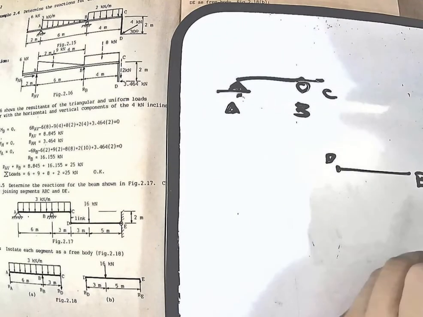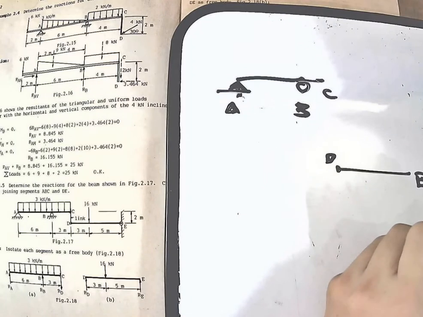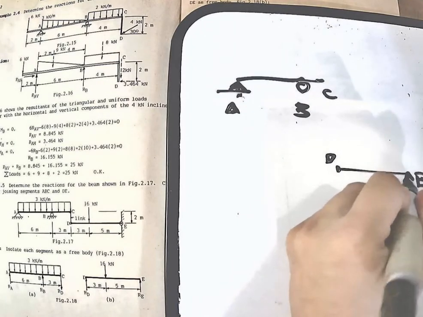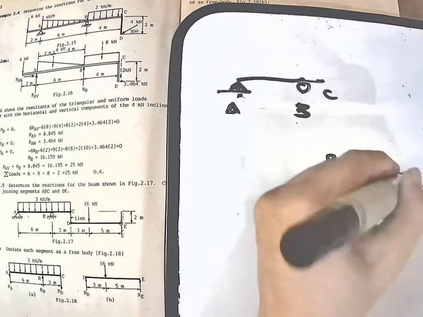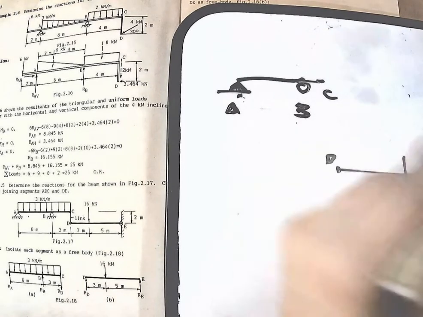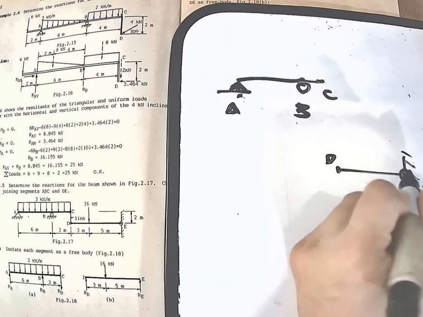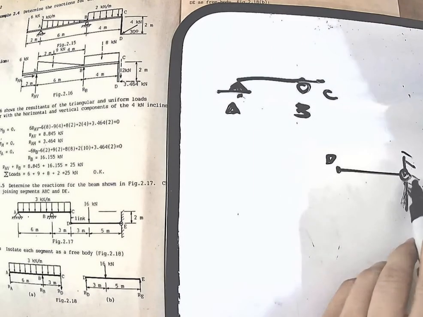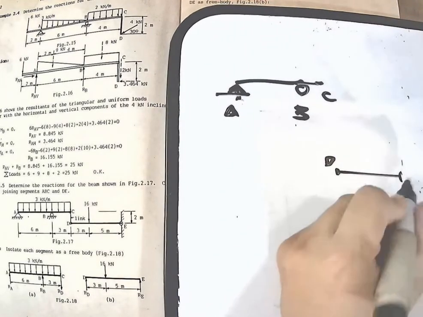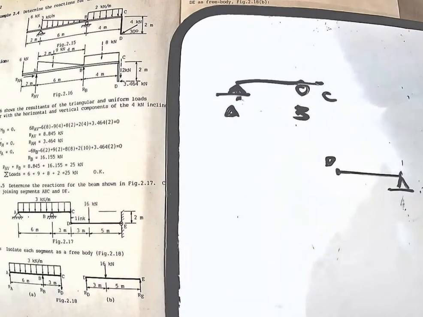Notice na at point E, this is also pin support. Okay? That's basically pin support kasi, ayan. Meron kang ang wall dito, pero meron kang figure na ganyan. So, that is the same as pin support.